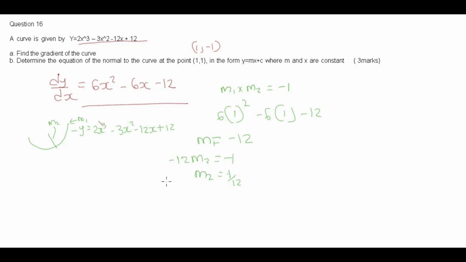So we know the gradient of a line is change in y, y2 minus y1, over change in x, x2 minus x1, equals the gradient of the line, and the gradient is 1 over 12, not a half.